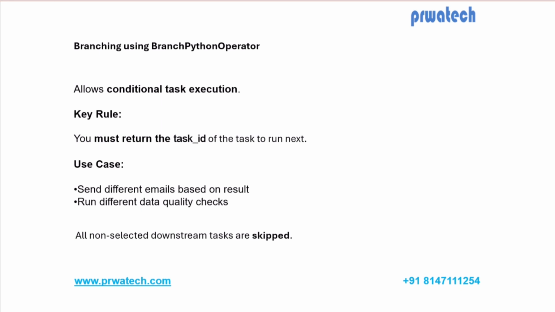The execution of a certain task in a DAG can be done by setting some conditions. The tasks which are executed on the basis of some conditions, branching allows us to have that execution of that particular task.